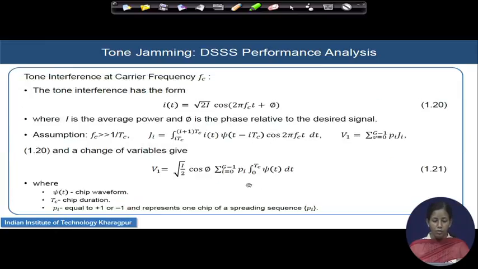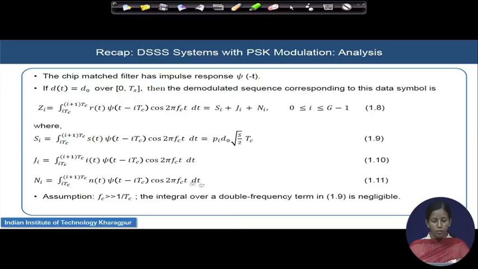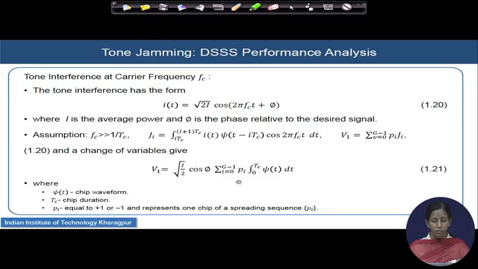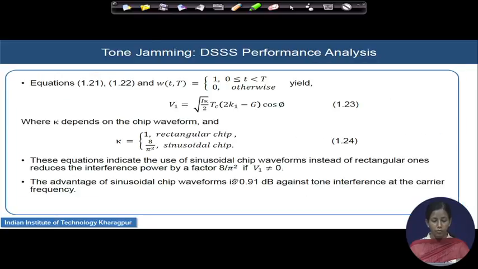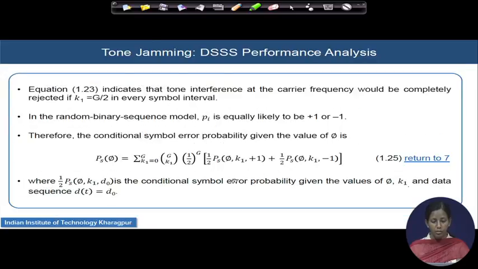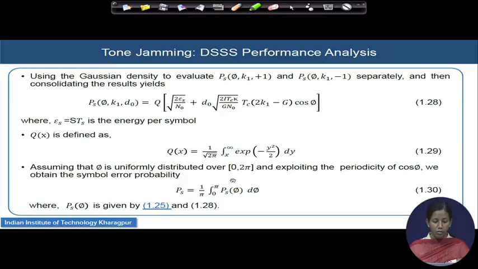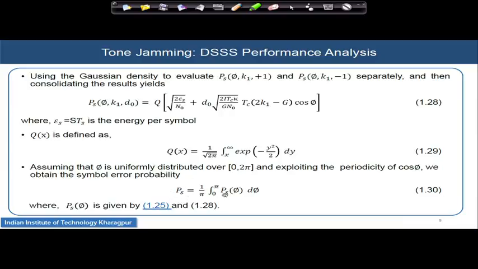We will also recall the contribution of the symbol section on the computation of V entering the decision device, and the concept of the Q function. The final symbol error probability, in view of different natures of interference with different carrier frequencies, will be continued in the next module.